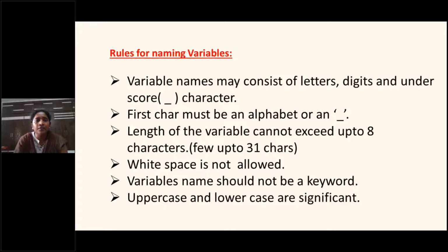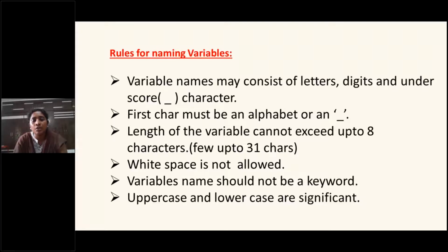The length of the variable cannot exceed 8 characters, but a few compilers will also accept 31 characters. White space is not allowed. Here, white space means it can be a blank space or a special symbol. These are not allowed while declaring variable names. Only underscore is permitted if you want to join two words.